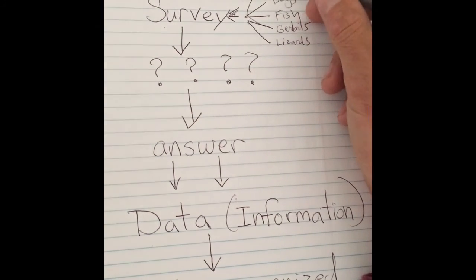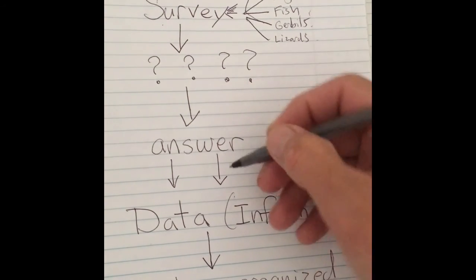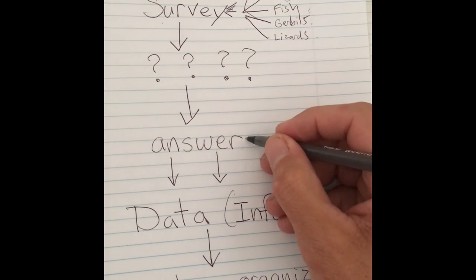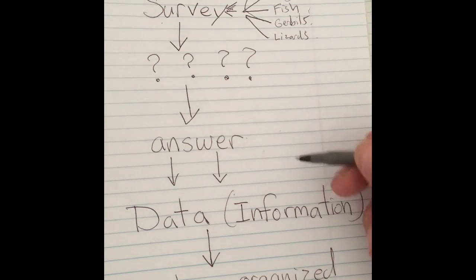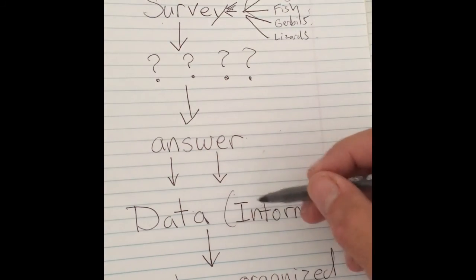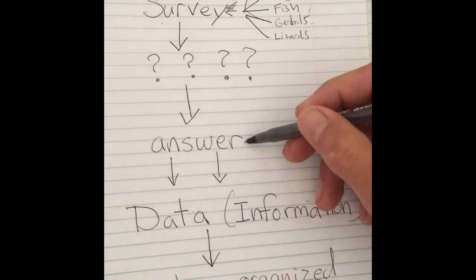You're going to give them these choices, and from these choices you'll get answers. So you'll get answers and you'll get information from the data. The information is based on the answers.